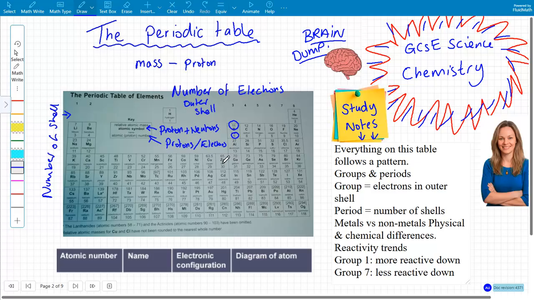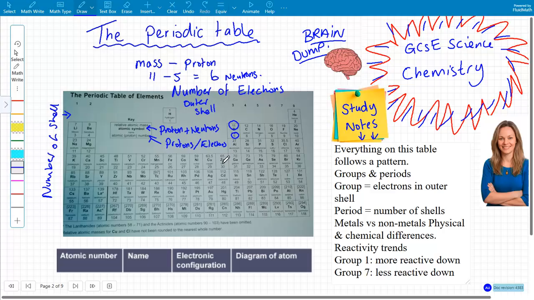If you take away the protons, that just leaves you with neutrons. So the mass is 11, and we take away 5, which gives us an answer of 6 neutrons. That's a nice easy one. If you didn't know how to do that, then practice it, but you do get the hang of it pretty quickly.